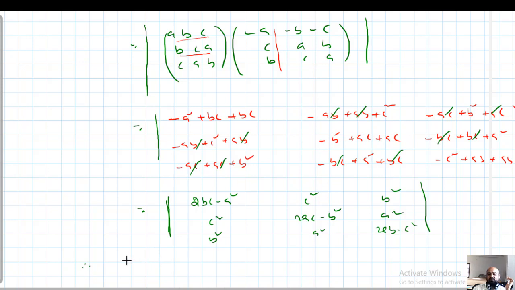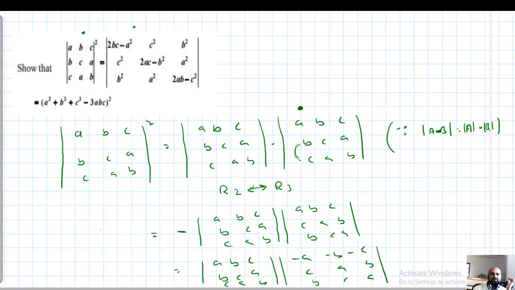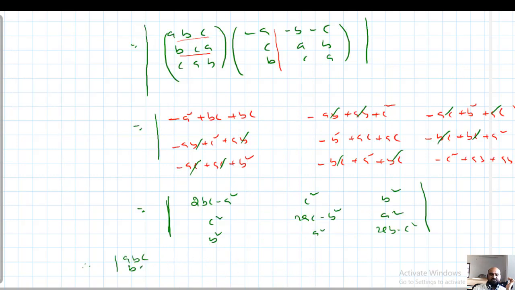Therefore, what I can say: a, b, c; b, c, a; c, a, b, whole square equal to this: 2bc minus a square, c square, b square, c square, 2ac minus b square, a square, b square, a square, 2cb minus 2ab minus c square.